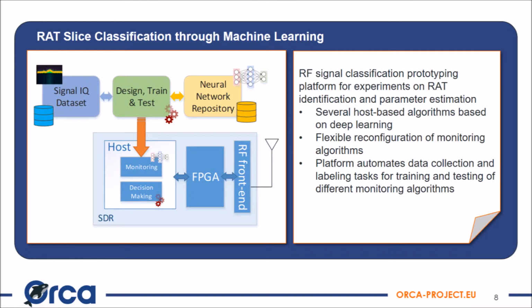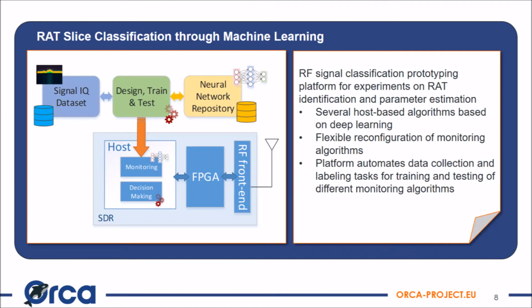So now we move to the next offer, the RAD slice classification through machine learning. The emergence of highly reconfigurable radios and radio slicing poses new challenges to inter-RAD coexistence and spectrum sharing. We believe machine learning will represent an important tool in this context, enabling radios to distinguish different types of RAD slices in their environment and using such information to meet their traffic requirements.